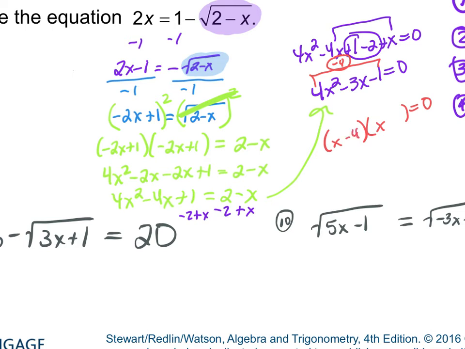Negative 4, positive 1. Negative 4 times 1 is negative 4. Negative 4 plus 1 is negative 3. Now, since my a term is not 1, I have to divide both factors by that a term. So this becomes x minus 1, and this becomes 4x plus 1 equals 0.